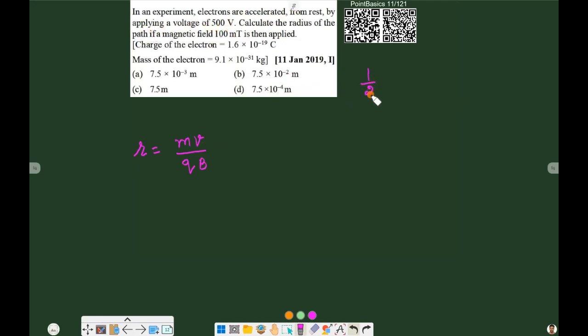So kinetic energy, half mv squared, is equal to q times the potential, that is capital V. Using these values, the velocity comes out to be under root 2qV by m. Putting these values here, we will have m over qB times root of 2qV by m.